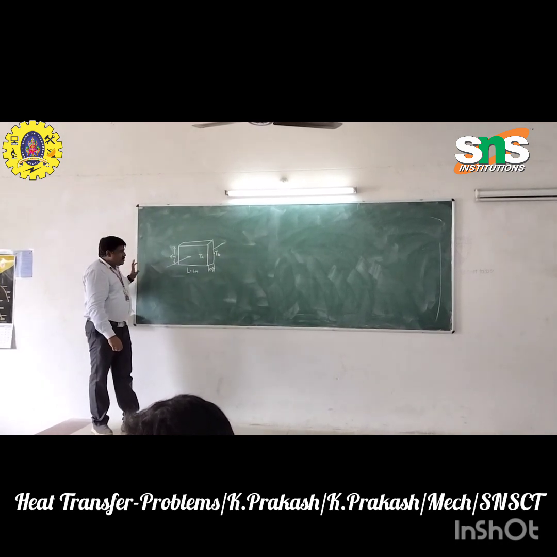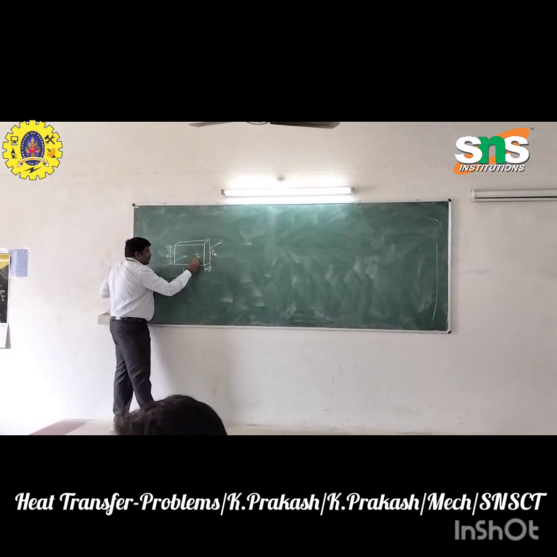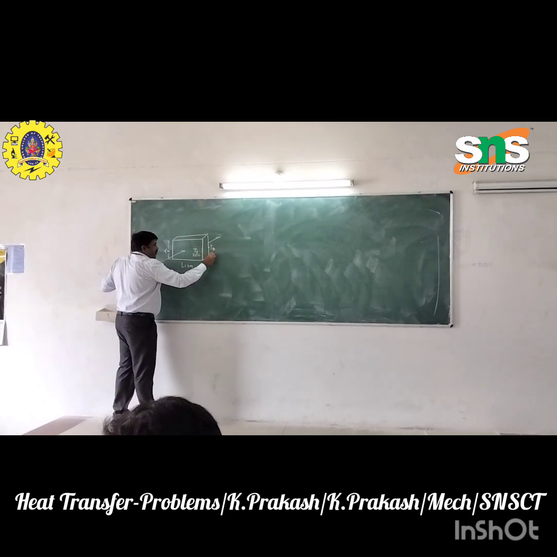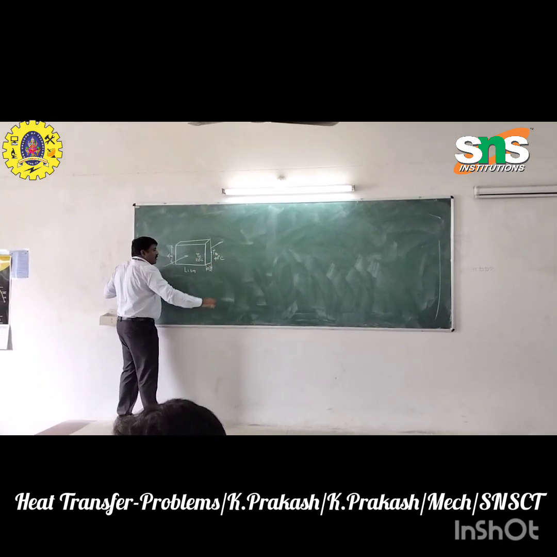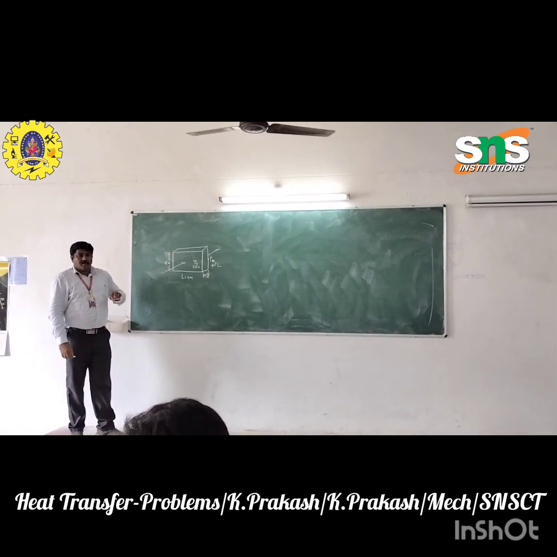So this is the condition. The temperature at the inner surface is 100 degrees Celsius, whereas at the outer surface the temperature is 40 degrees Celsius. So this is the condition given.